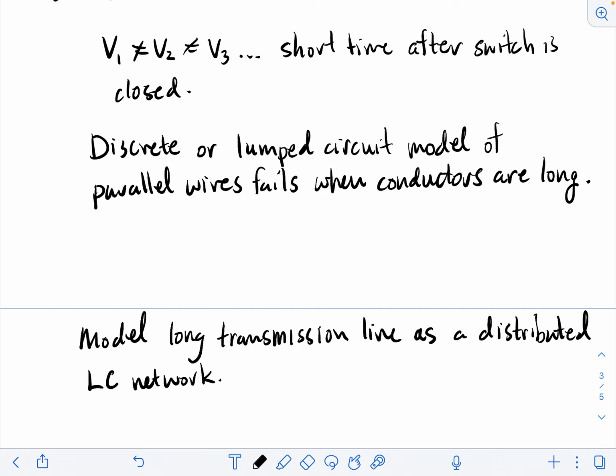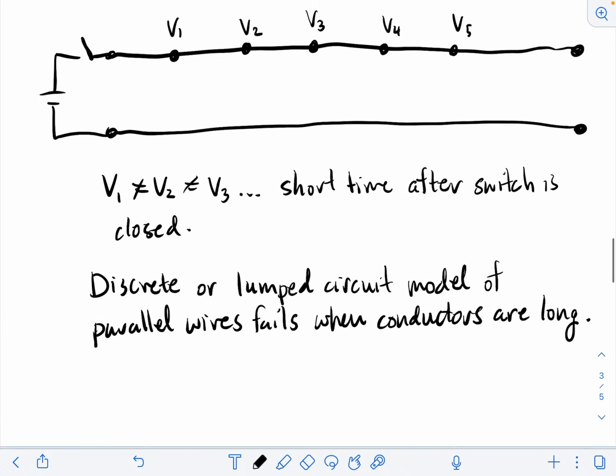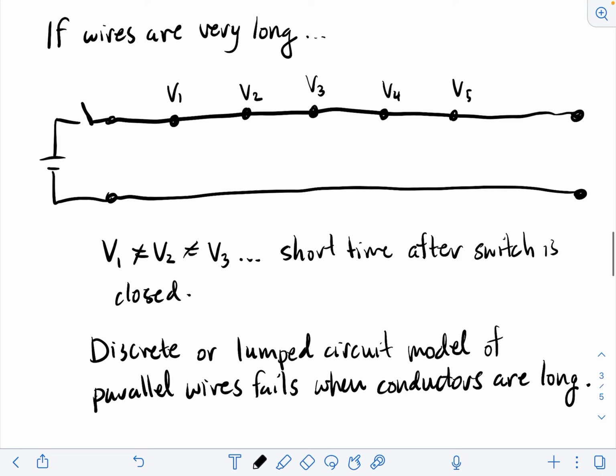Really, what that means is we're going to take each one of these short little lengths, maybe a length of delta Z, and maybe all of these lengths are delta Z. And we're going to say, well, the model we came up with works pretty well for these short little sections. So why don't we use the LC model for each little section, and then we'll just cascade a whole bunch of them one after another.